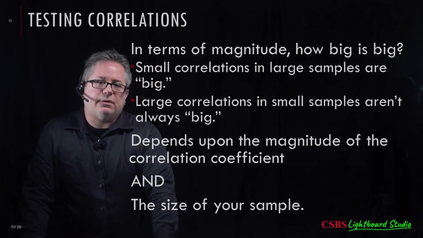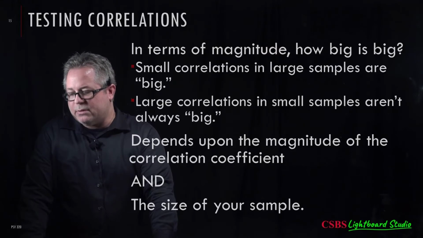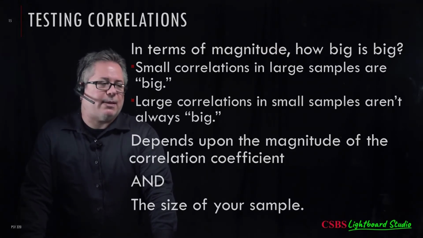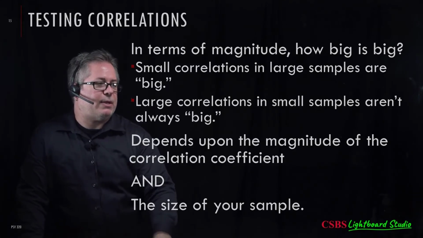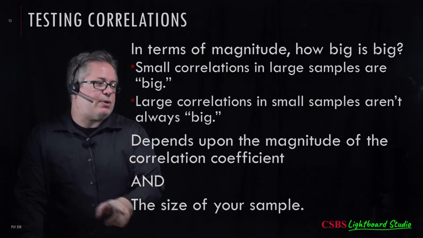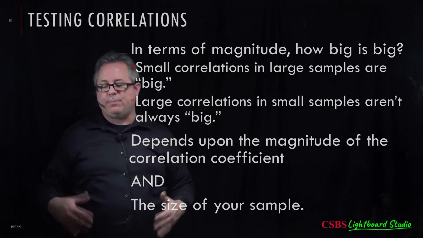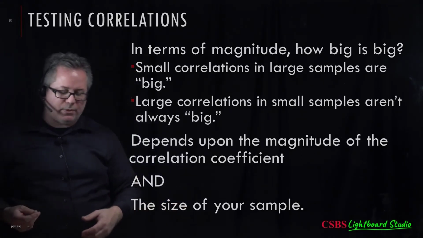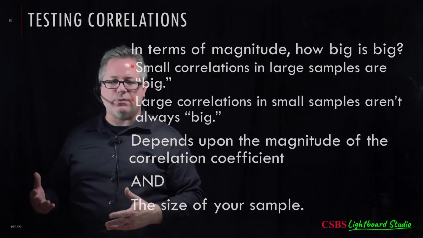So our conclusion about the correlations depends on the size of the correlation, but also the size of the sample with which they've been measured. It depends on the magnitude of the correlation coefficient, but also the size of your sample, and that impacts how we decide whether or not it's a significant correlation. This is nothing new.